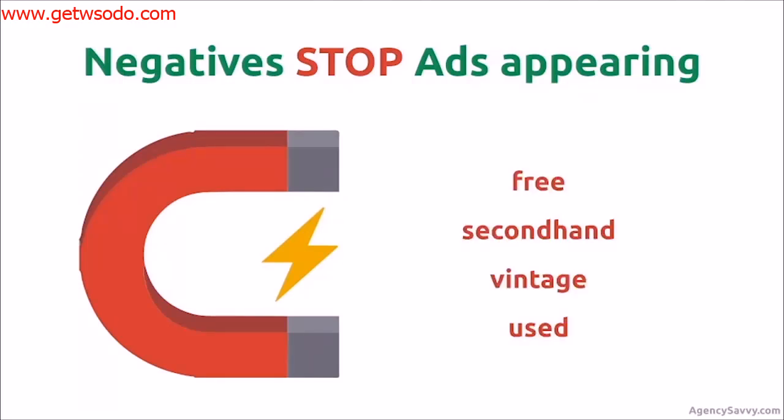And this was the example I used before when we were talking about TVs. You might have negs such as free or secondhand, vintage, used. I think I've used the example of parts and servicing, stuff like that. So Google, I do not want you to show my ad if the user's search query contains this particular word.